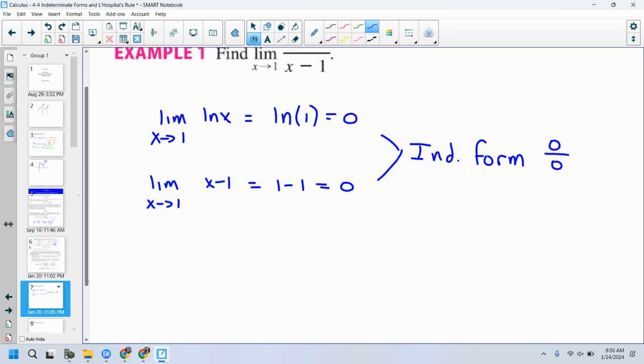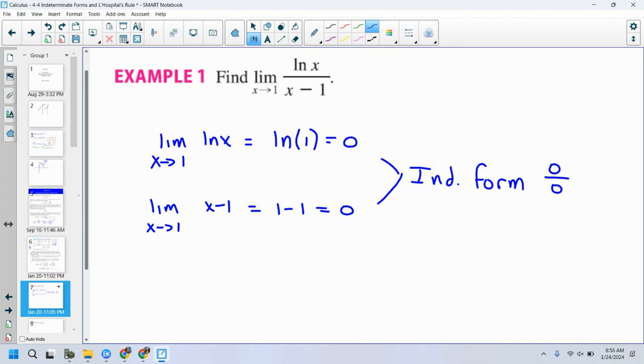Let's take the derivative of the numerator. What is the derivative of ln of x? 1 over x. What's the derivative of x minus 1? 1. Oh, cool. So that just goes to 1 over x. And now I apply the limit back on.